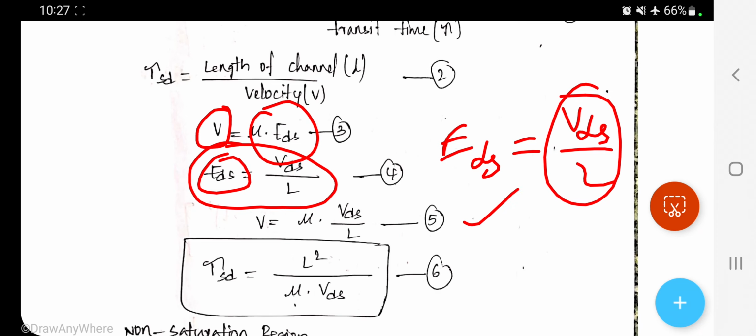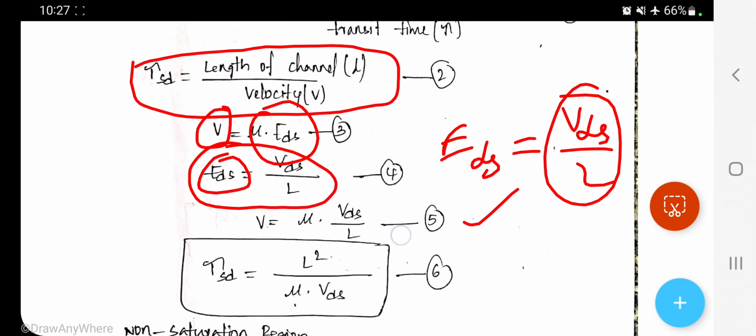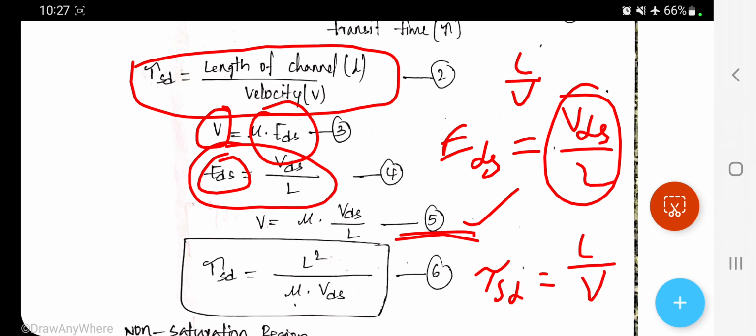Next we have tau, that is equation number 2, and we substitute equation number 5. Tau SD is equal to length by velocity, distance by velocity gives the time.